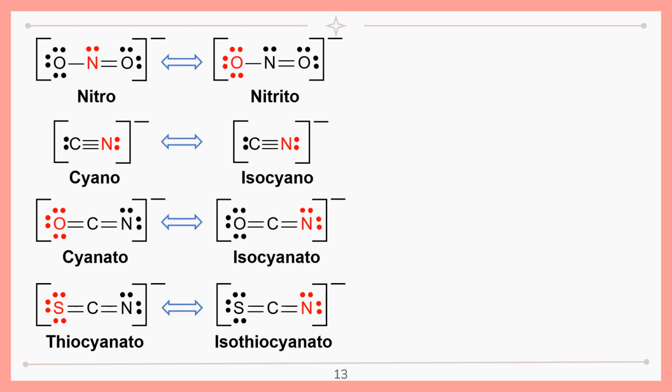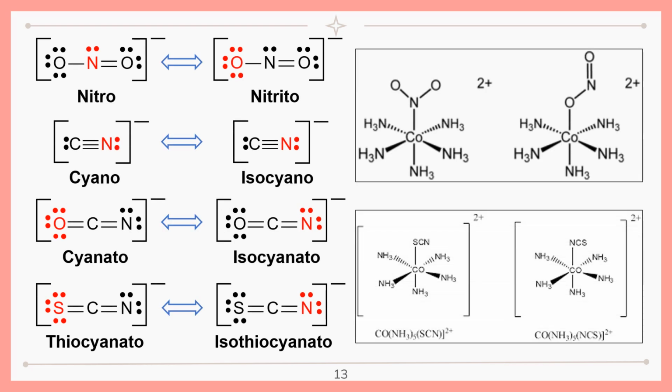Here are some examples of ambidentate ligands, which in turn produce ambidentate isomerism. They are nitro, nitrito, cyano, isocyano, cyanato, isocyanato, thiocyanato, and isothiocyanato.